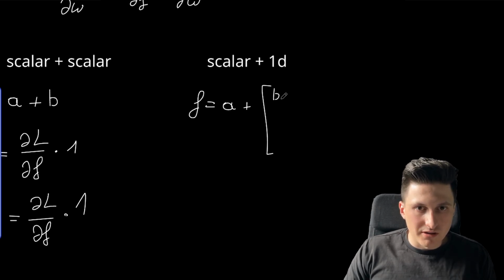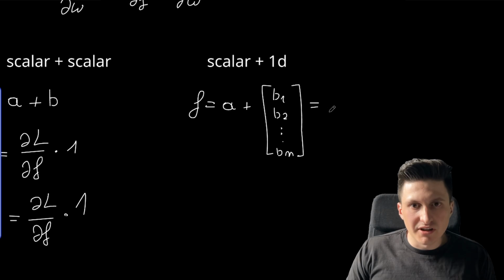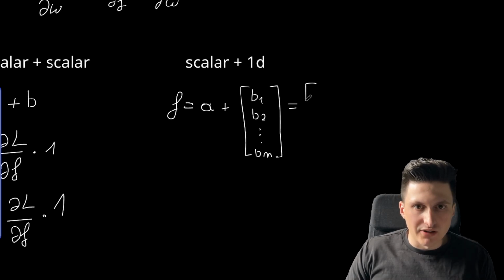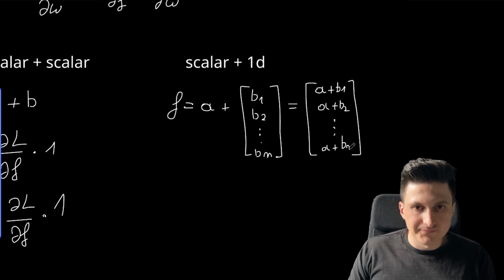The one-dimensional tensor B1, B2, up to Bn, and as we've seen in the previous video, how we should do this is just broadcast the A tensor to add to each element of the other tensor: A plus B1, A plus B2, and finally A plus Bn.